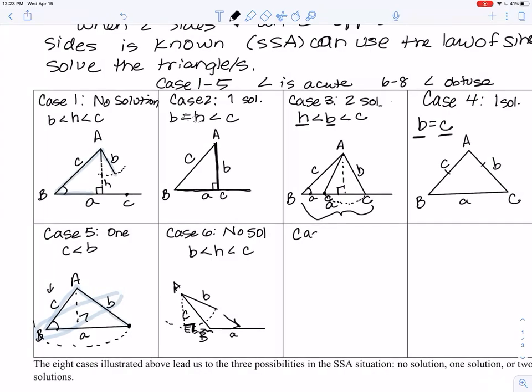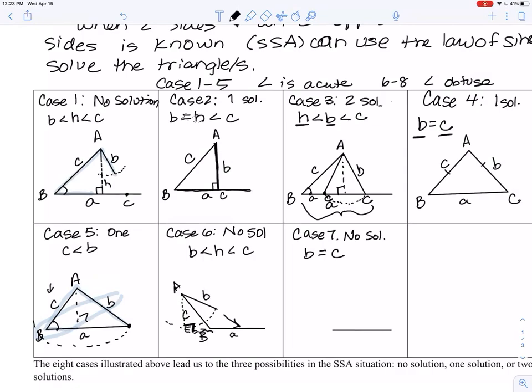Here's case 7. This one is no solution as well. In this one, side B will be the same length as side C, but again, this is an obtuse angle.